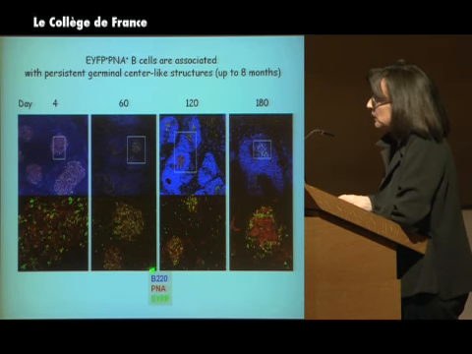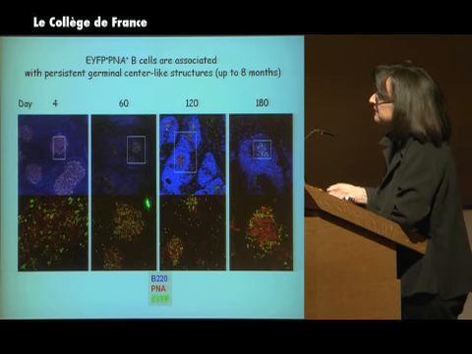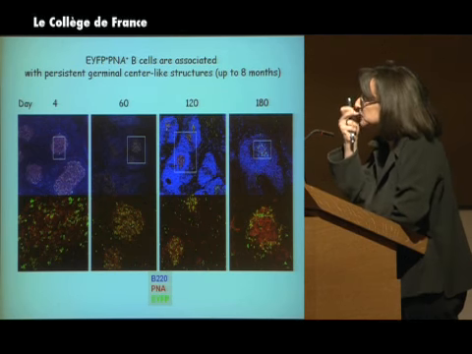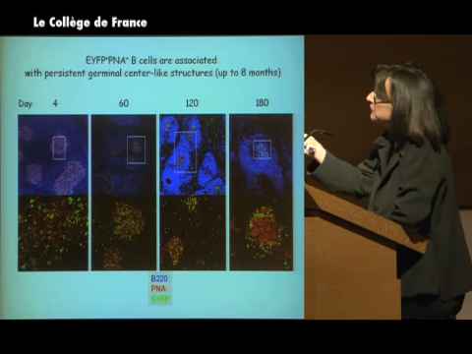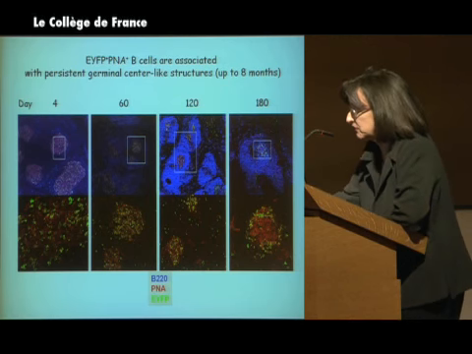And if you match with the PNA marker, you see that you have these YFP labeled cells at all the time points studied that are located within germinal centers. So we call that persistent or residual germinal center structure.